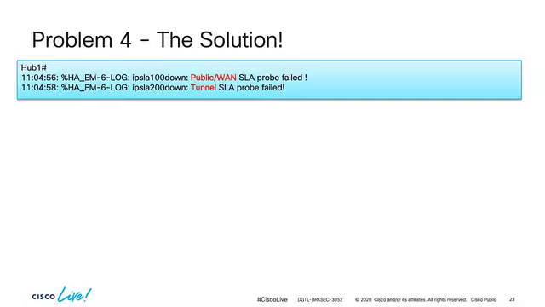What we found was, when we had issues where the spokes lost connectivity because of the tunnel interface flapping, we saw this message on hub 1 which said that the public WAN SLA probe failed.